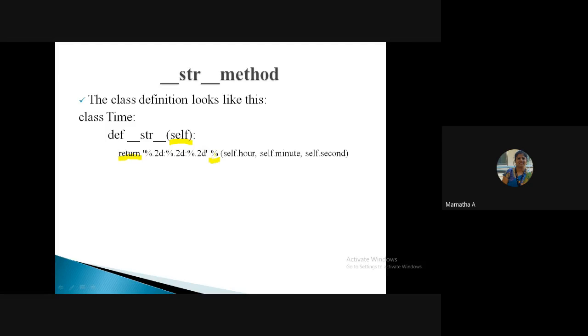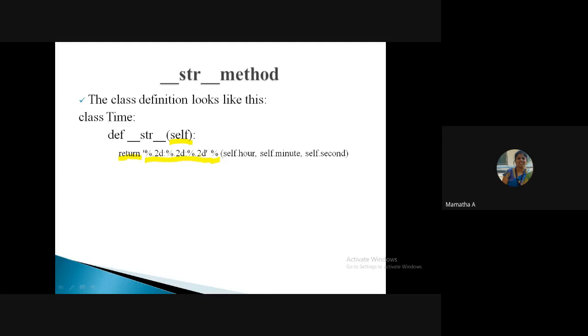Then the string operator, so the first %.2d should be the hour, self.hour, then self.minute, self.second. Remember, this is now a string. It returns a string containing the hour, minute, and second of the invoking object.